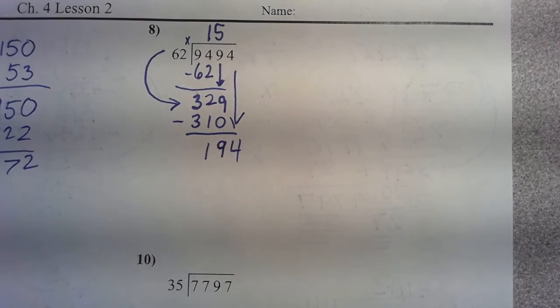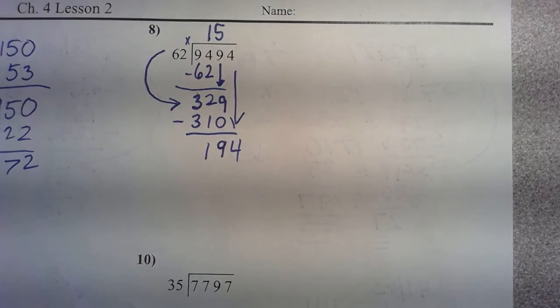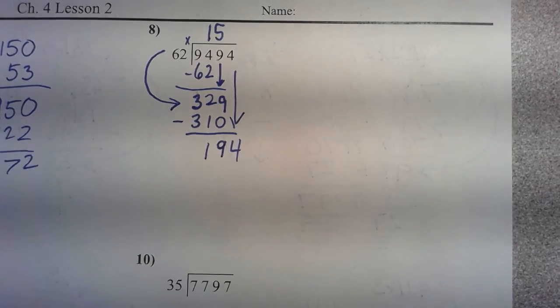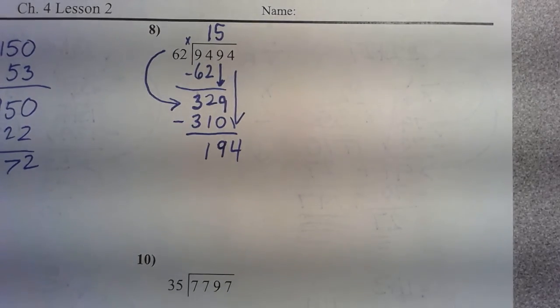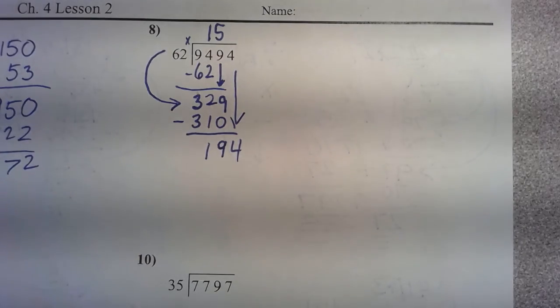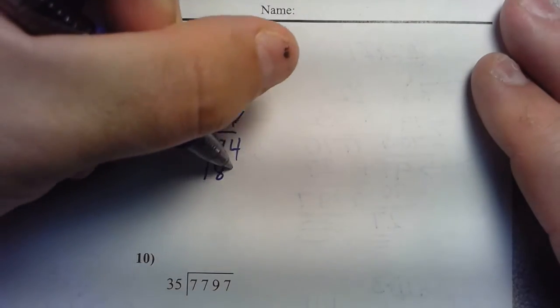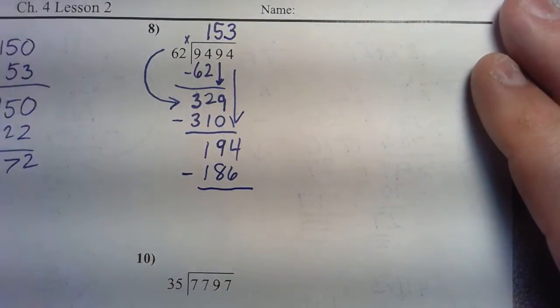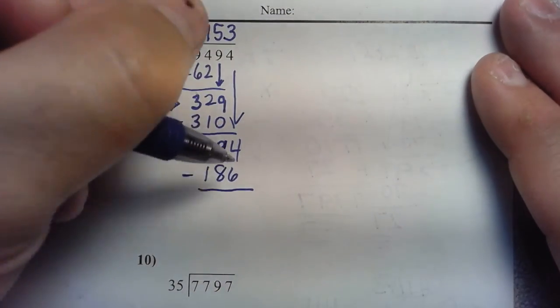He says twice, so let's see. 62 times 2 is 124. Let's try one more. 62 times 3, 186. I like that better. I'll put a 3 up here. Subtract it. You're going to get a remainder of, looks like, 8.